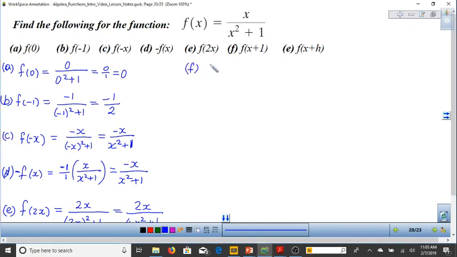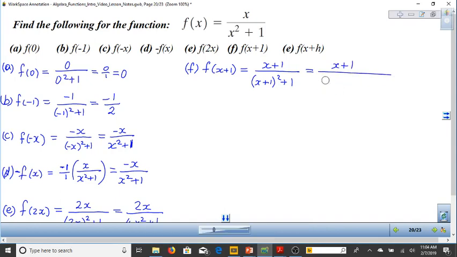F of x plus 1. And that is, replace all the x's with x plus 1. So it's x plus 1 over the square of x plus 1, plus 1. And that will just give me x plus 1 on top, over, when you square x plus 1, you get x squared plus 2x plus 1.